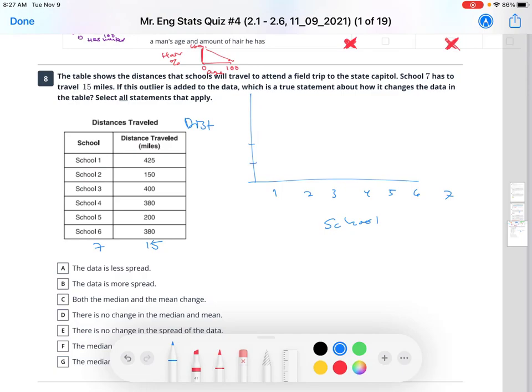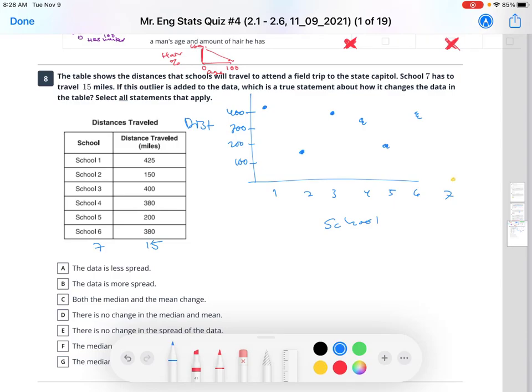School 1 is 425. School 2 is like 150. 3 is at 400. 4 is at 380. Kind of all over the place, right? 5 is at 200. School 6 is 380. And lo and behold, 7 is at 15.